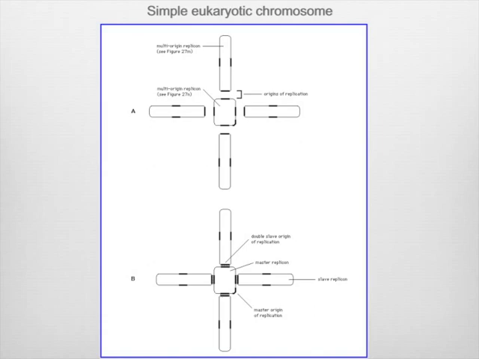Those are what you saw in figure M of the last slide, and the one in the center that's got 5 origins is what you saw in figure N of the last slide. They're going to join together at their origins and form what you see in B, which I call a complex replicon, or a replicon cluster.